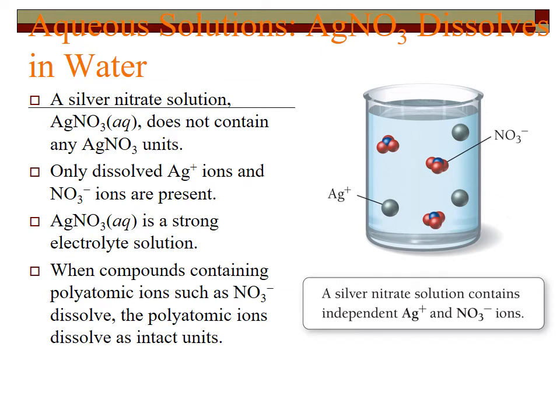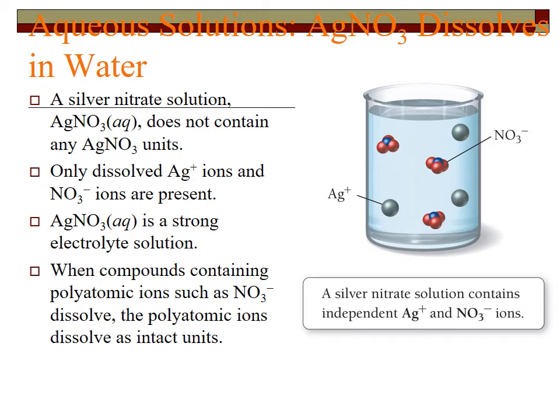Aqueous solutions of AgNO3. This is not a binary compound, right? This is a polyatomic. So what's going to happen is I'm going to have Ag+ cations and NO3- anions floating around in here.